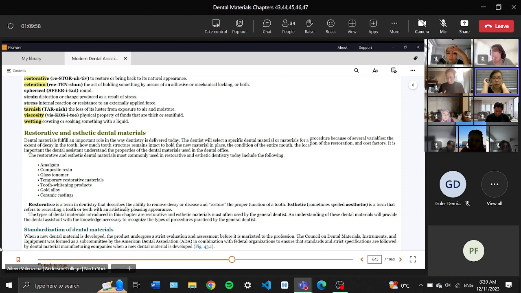It is important that the dental assistant understand the properties of dental materials used in the dental office. It doesn't mean that you want composite. Composite is not always okay because, as mentioned, it depends on the extent, condition, and so on.